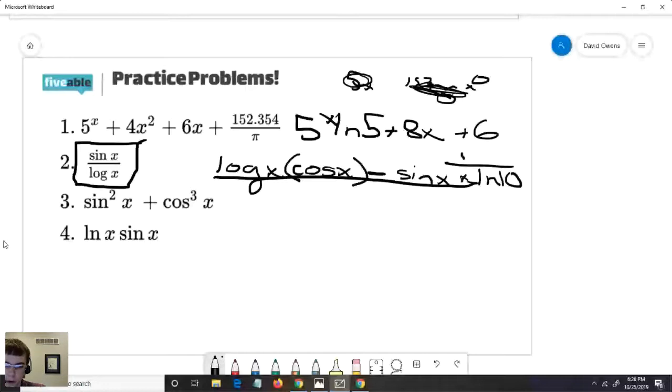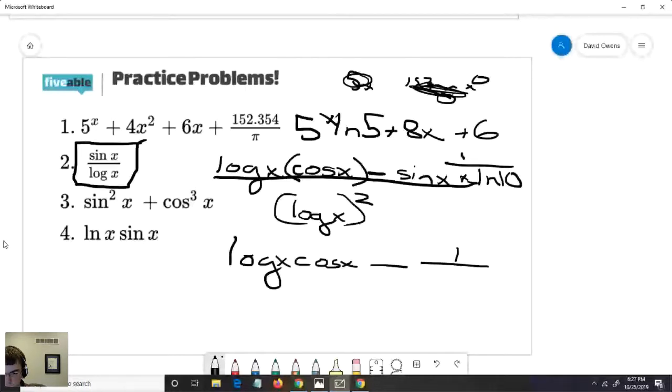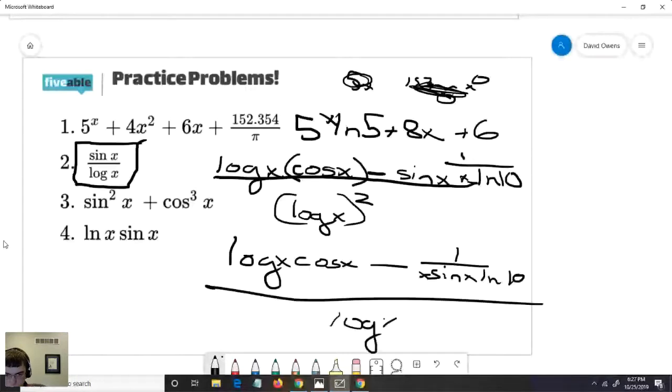And this will be over log x squared. And just for fun, we're going to simplify this. So it would be log x cosine x minus 1 over sine x, or x sine x ln 10, over log x squared.